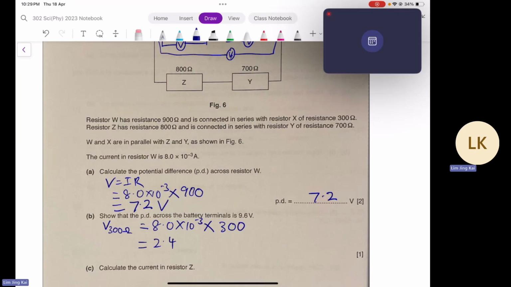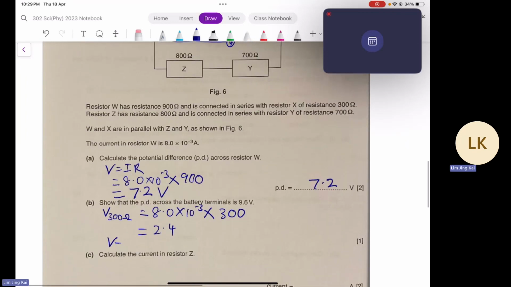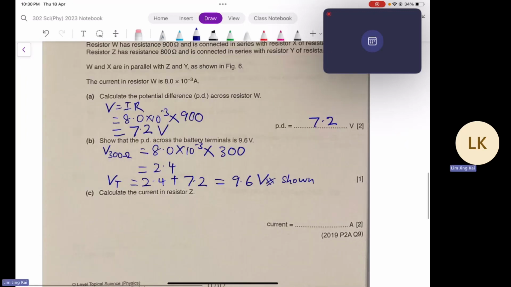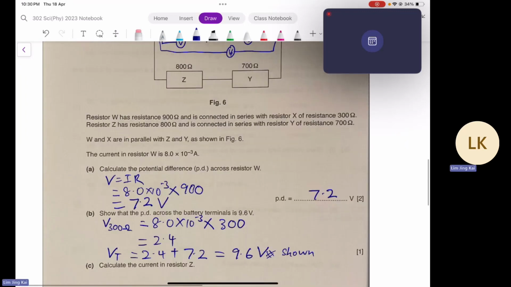So now, because the W and X are actually in series, the total voltage would be 2.4 plus 7.2, which will give us 9.6 volts. Okay, and therefore it should. Okay, next one, part C, calculate the current in resistor Z.